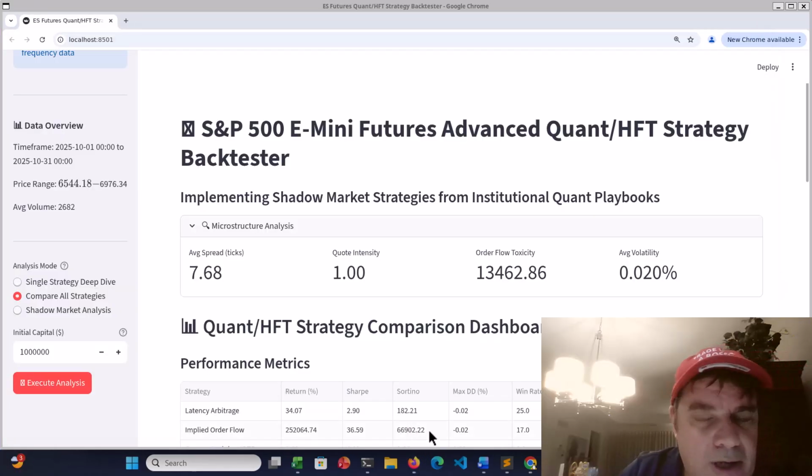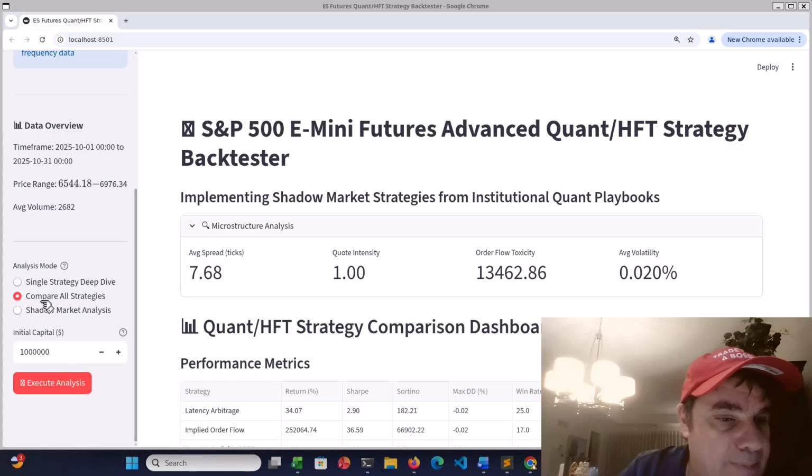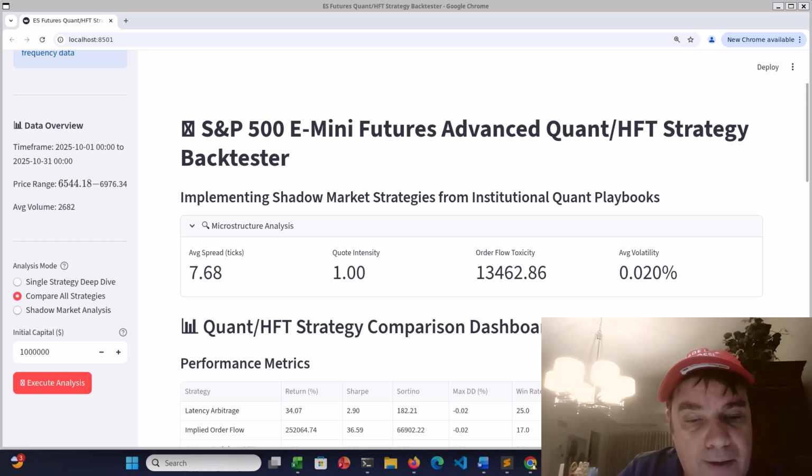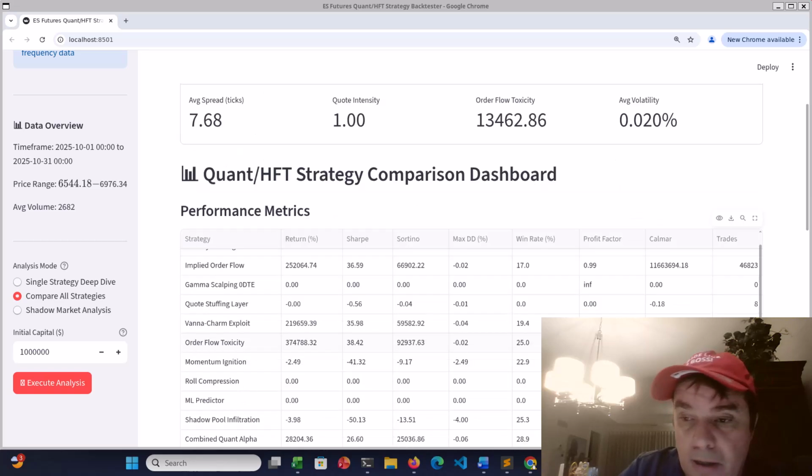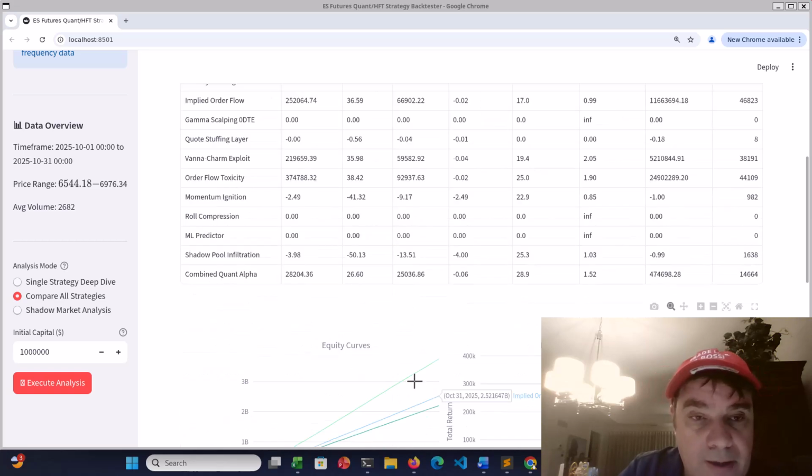Good day, everybody. So we have now run this so-called analysis on statistical synthetic data on the S&P E-mini, and these are the results of that analysis. So we're only looking at right now comparing all applicable strategies, and these are all right here, and there's so many of them.